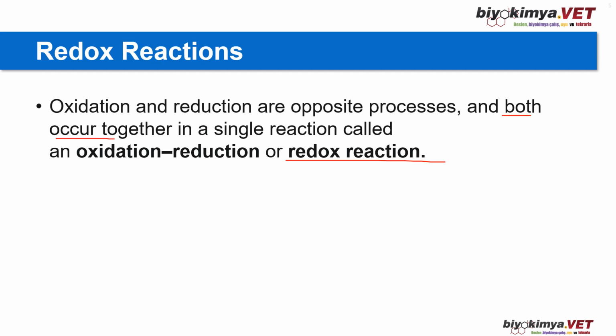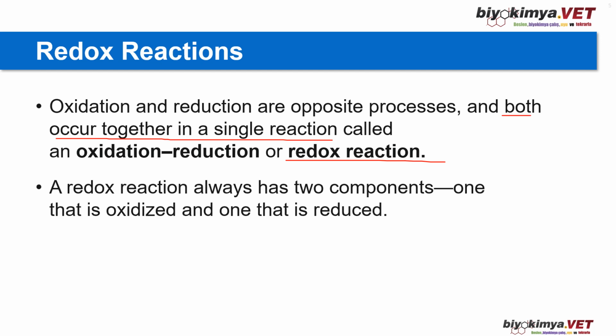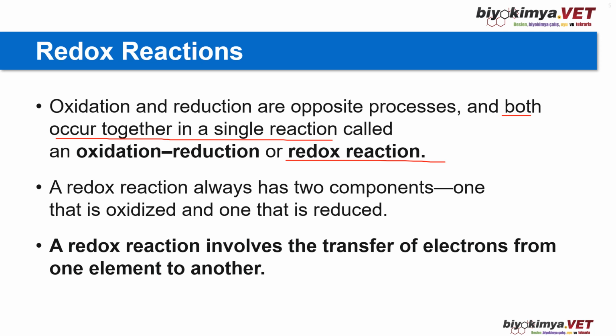Both occur together in a single reaction, so we cannot separate them, or say they are separate reactions. A redox reaction always has two components, one that is oxidized and one that is reduced. A redox reaction involves the transfer of electrons from one element to another.